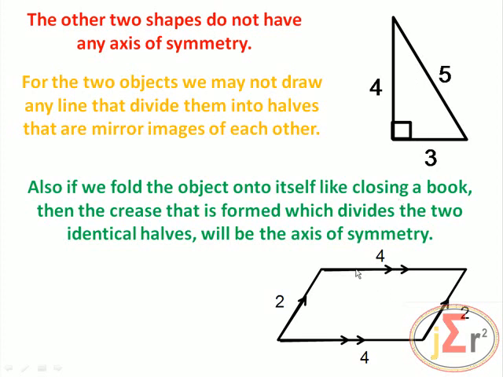We are also saying that if we fold an object onto itself, like closing a book, then the crease that is formed, which divides the two identical halves, will be the axis of symmetry.